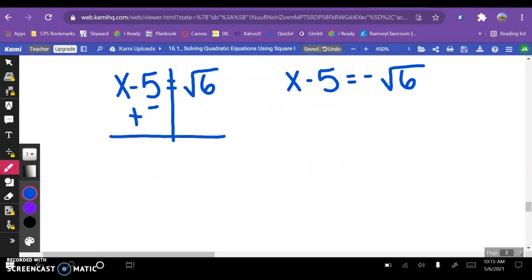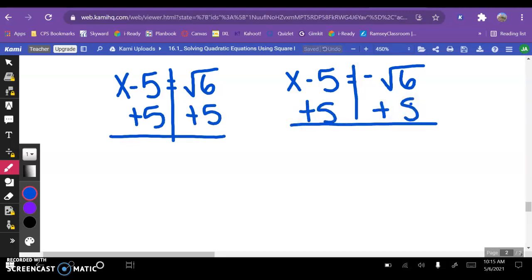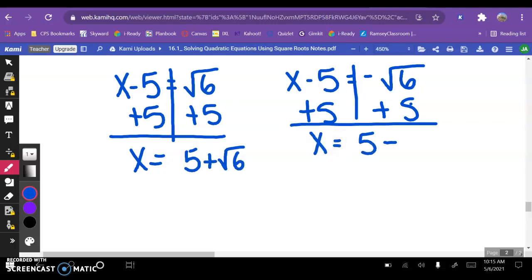So for this one, we're going to add 5 to both sides. So we're going to have x equals, and we have a positive 5 and a positive square root of 6. And for this one, we have positive 5 and minus square root of 6. So notice they're very similar except one's a plus and one's a minus in the middle.